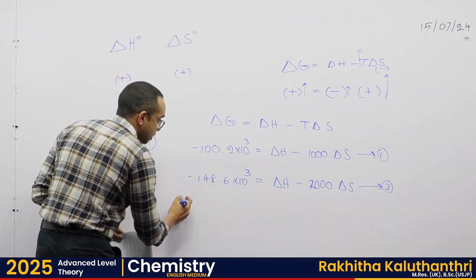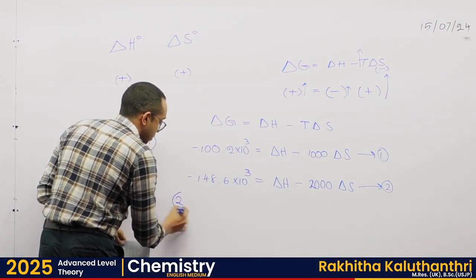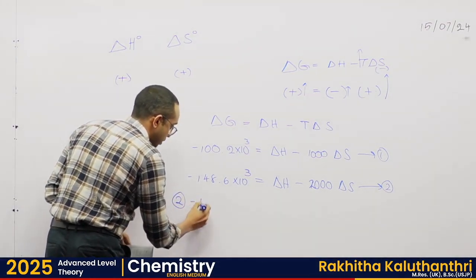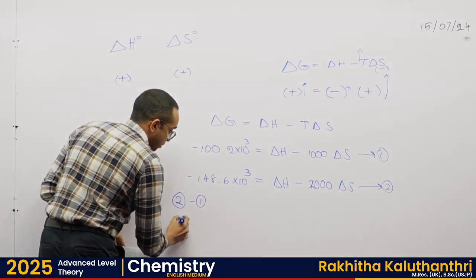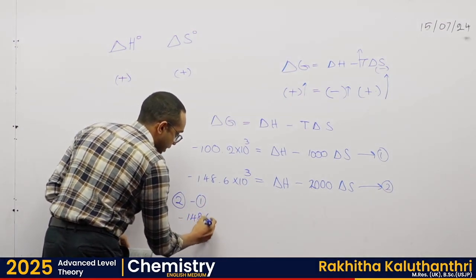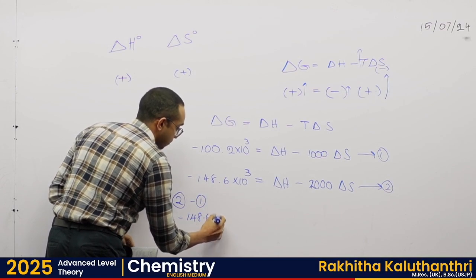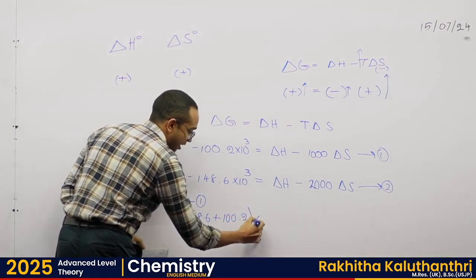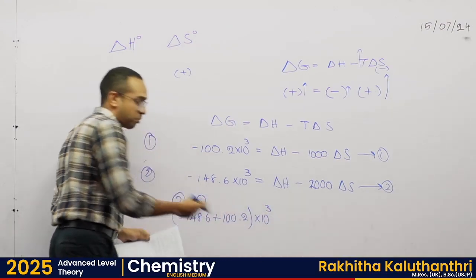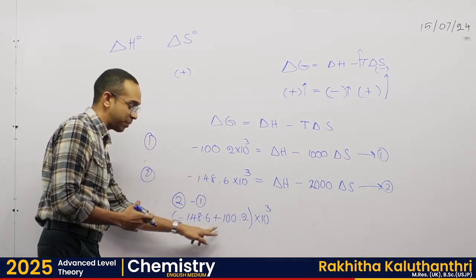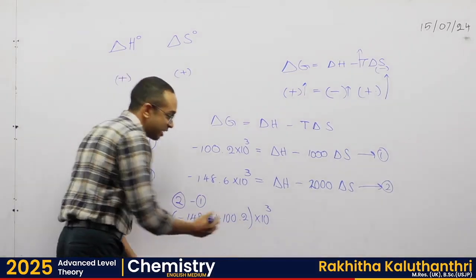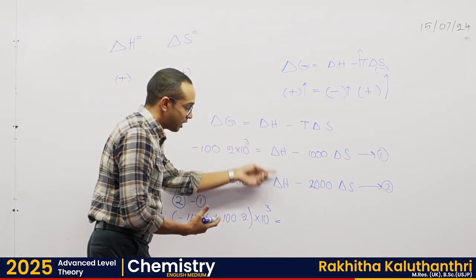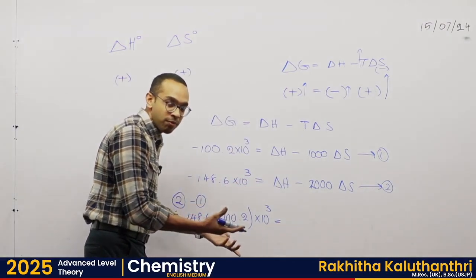So now we can just write 1 minus 2 or 2 minus 1, whatever you want, but I will go with 2 minus 1. So we have minus 148.6 plus 100.2. I'm going to directly write the answers, you are not babies, you can understand what has happened here. Delta H cancels off.